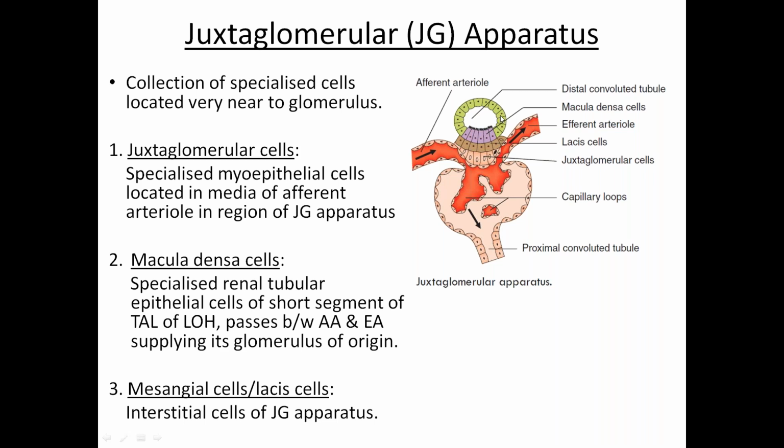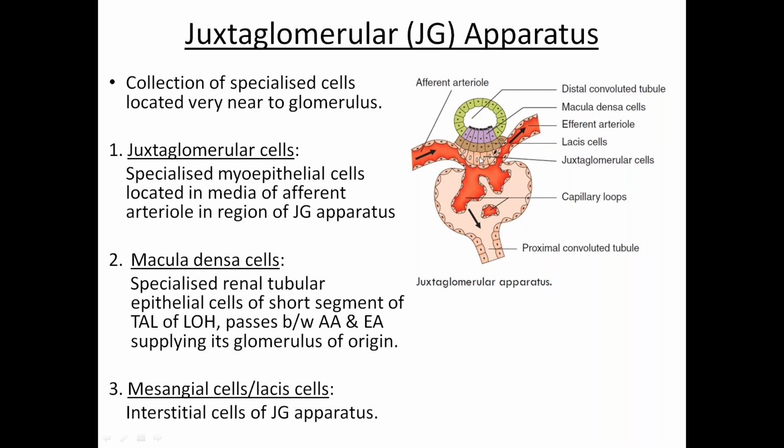Okay, and now the most important characteristic about them is that they act as chemoreceptors. Okay, they are stimulated by decreased sodium chloride concentration, and they also therefore cause increased renin release.